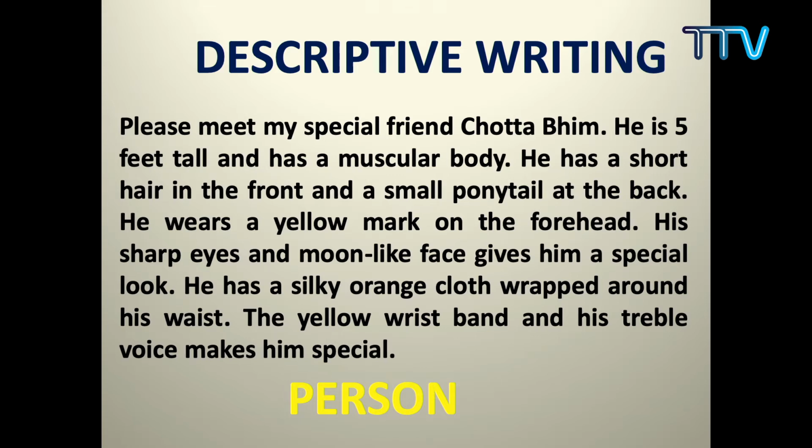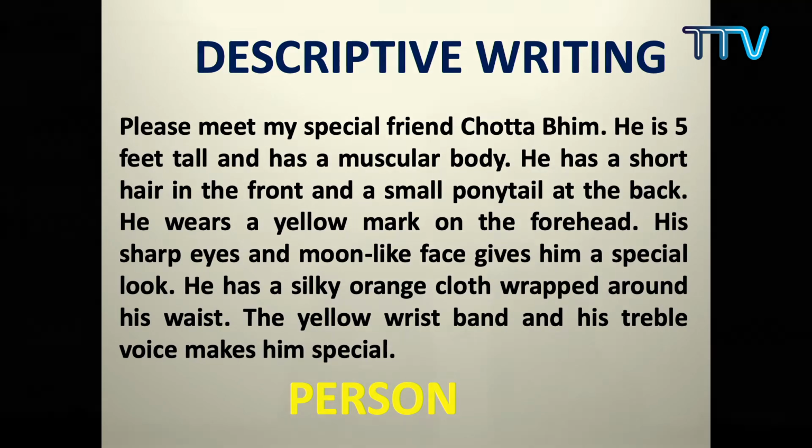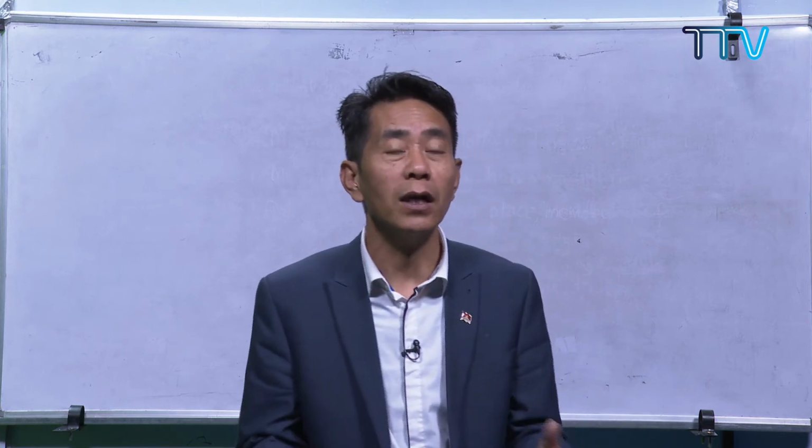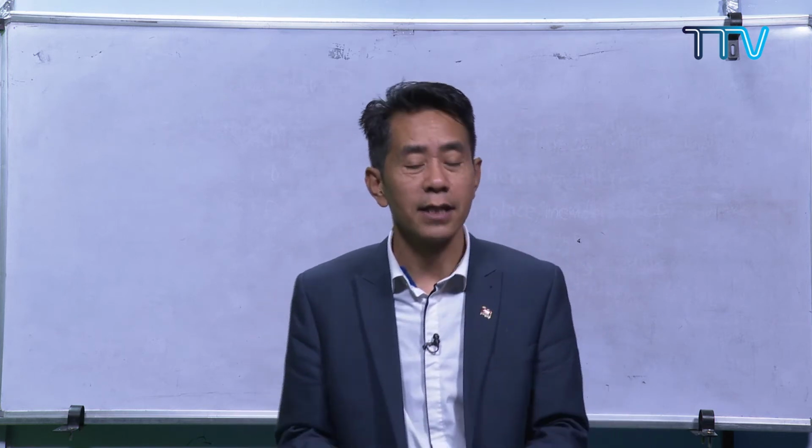I may not be able to use all the sense organs. It doesn't mean that you have to include all of them. It depends upon your type of writing. Sometimes you may use more words related to your eyes, or sometimes more words related to your smell, like this. So if you look at this, about Chota Bhim, I want you to pick out some of the words related to the sense organs.